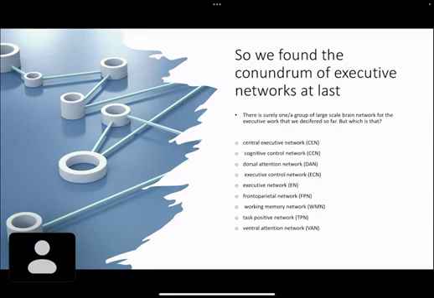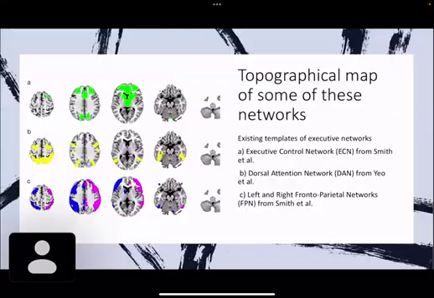So we have to solve this conundrum, which is our next step. These are the topographical maps of some of these networks. You see, there is gross overlap, not only gross, very gross overlap.